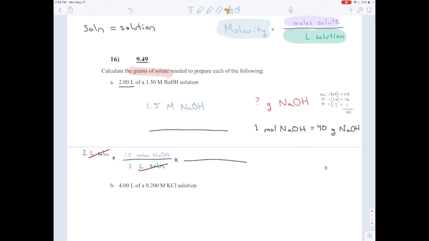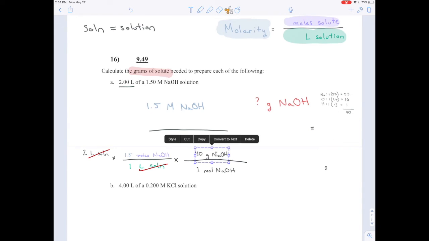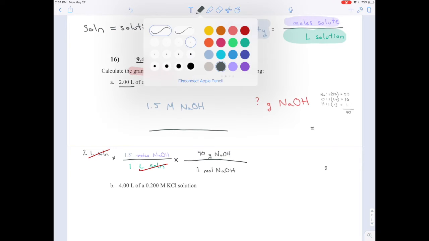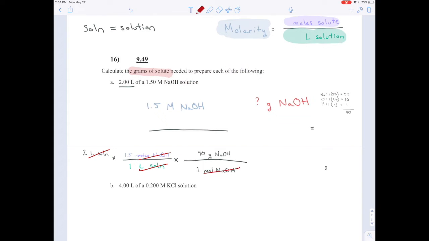Now we're going to fill that fraction in with our next conversion factor, and the side of the conversion factor that has moles of NaOH is going to go on the bottom, so those units can cancel out. Going over the fraction bar, like going across the equal sign, on top you'd have grams of NaOH. You can see how moles of NaOH will cancel out. We'll be left with grams of NaOH, which is exactly what we wanted.